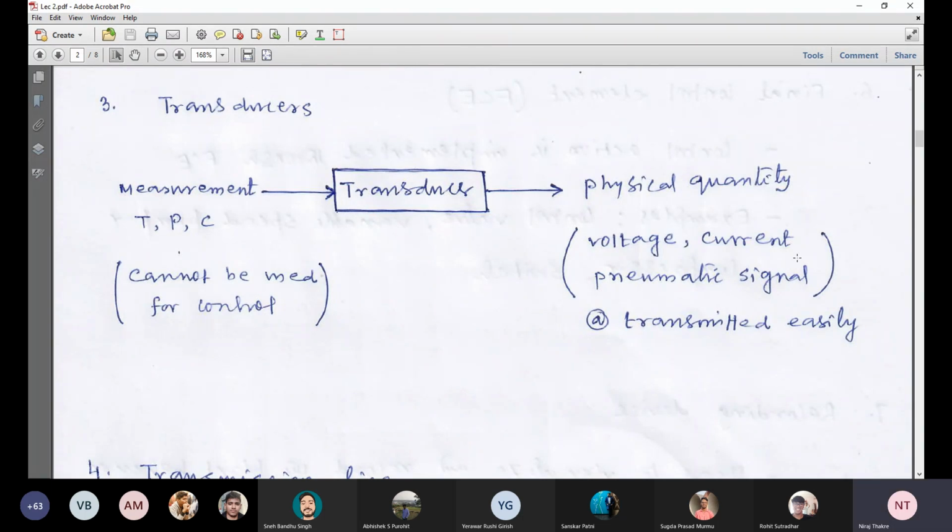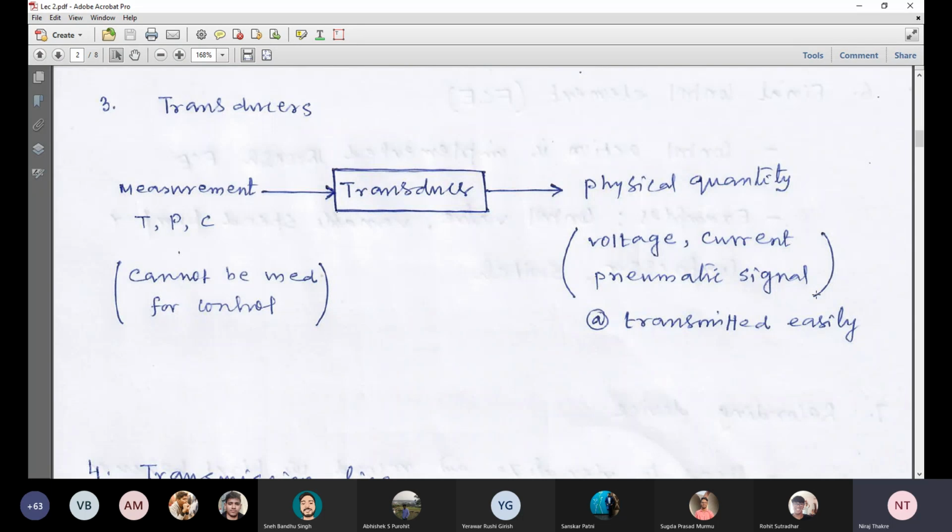And I think you know this pneumatic signal. I'm just giving you one example, control valve. For a control valve, this pneumatic signal varies from 3 to 15 psi gauge pressure. When you are giving 3 psi pressure to a valve diaphragm cell, then the valve is completely closed, I mean 0% open.